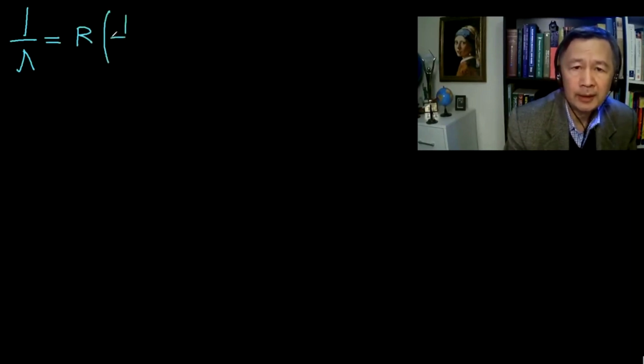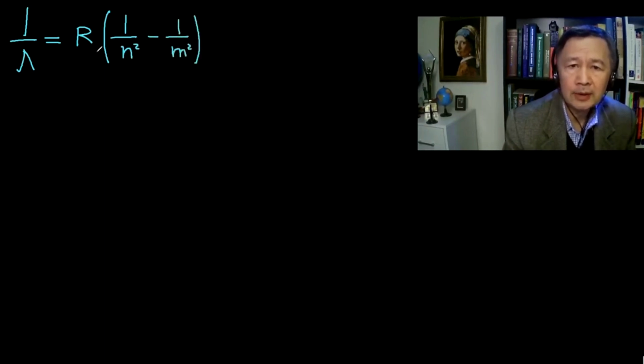When we rewrite Balmer's empirical formula into the Rydberg equation, we have 1 over lambda equal to a constant, multiplied by the two terms determined by integers. One is 1 over n squared, and another is 1 over m squared.